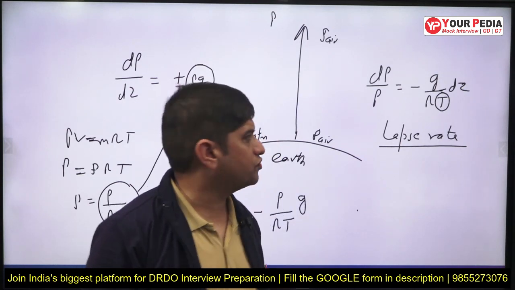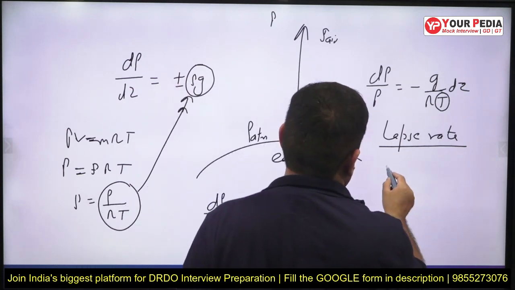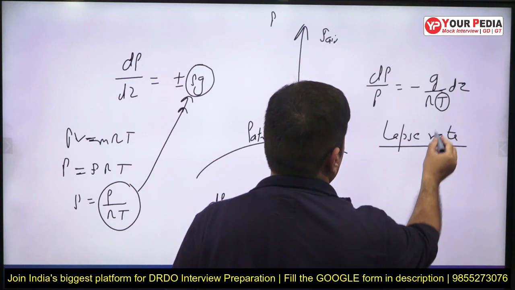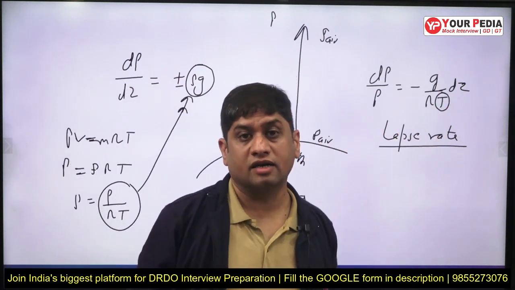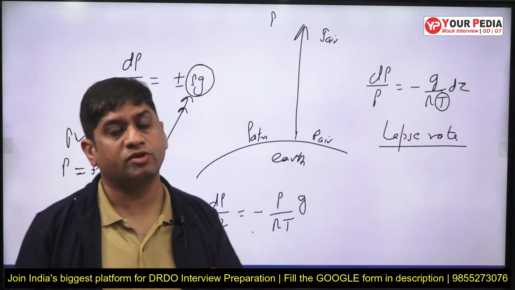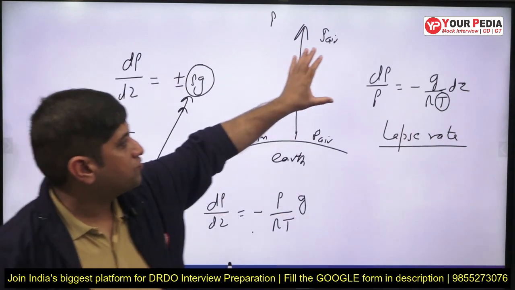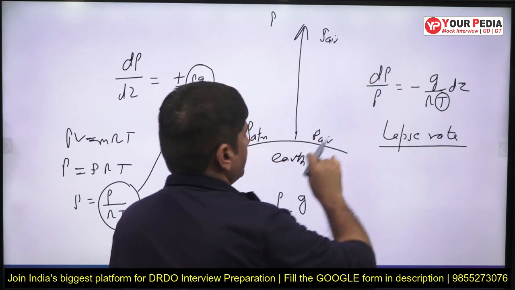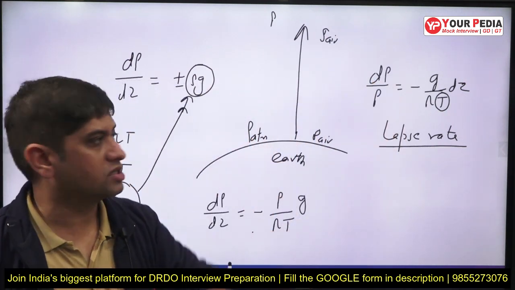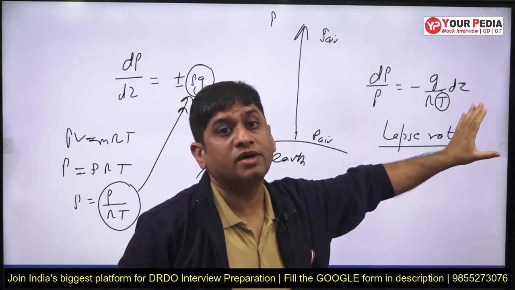That means temperature also varies with height. So T with the lapse rate can be used here in terms of z, and then from here you can calculate dP by P, that is log of P is equal to this particular thing. So you can approach that problem from here also.